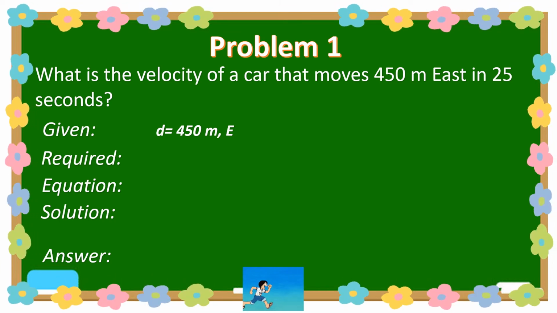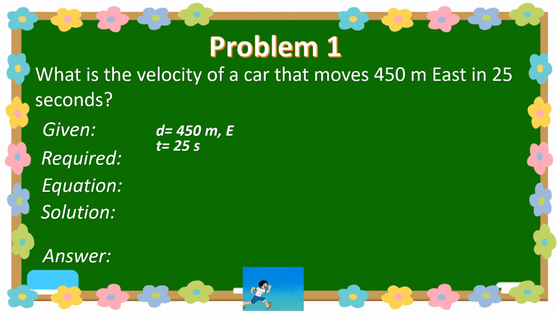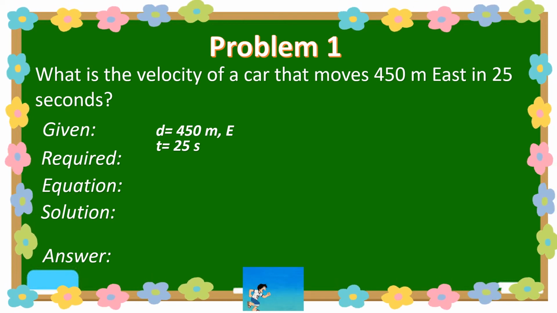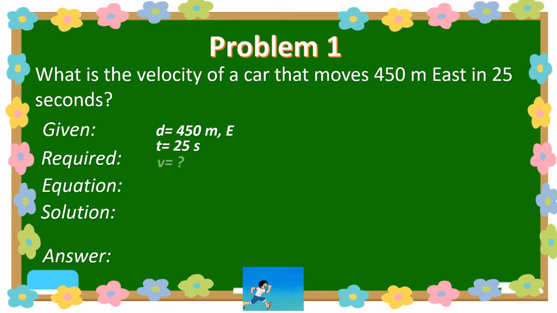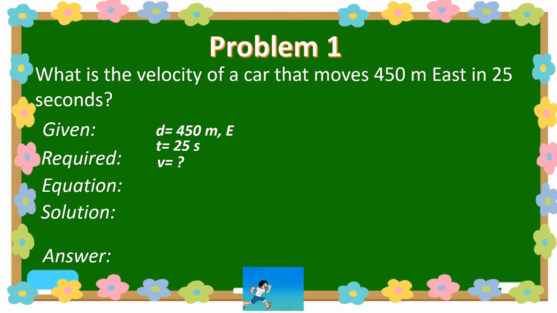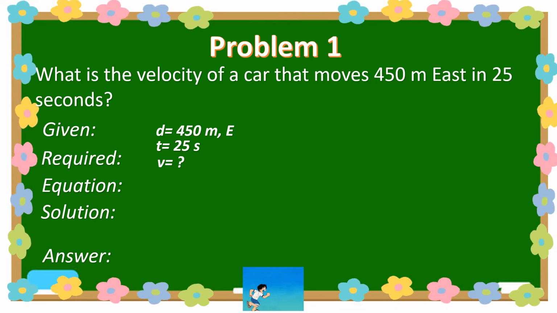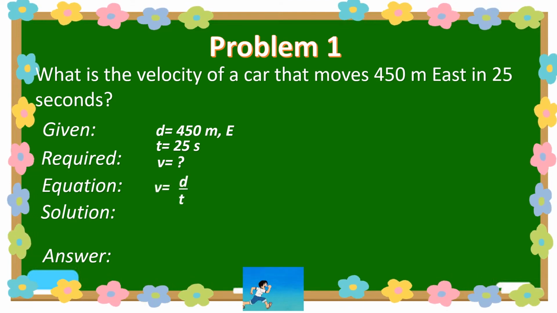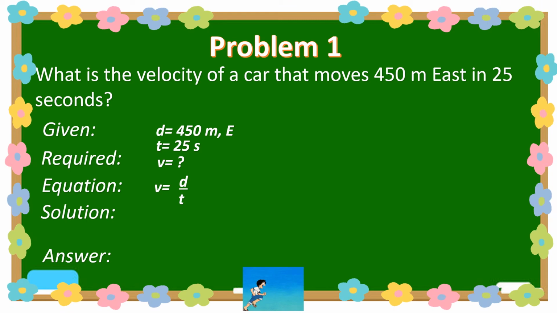Just take note that displacement is a vector quantity which has magnitude and direction. Then, time, which is 25 seconds. Now, the required or what is being asked in this problem is the value of velocity. For the equation, let us use the given formula, which is velocity is equal to displacement divided by the time.